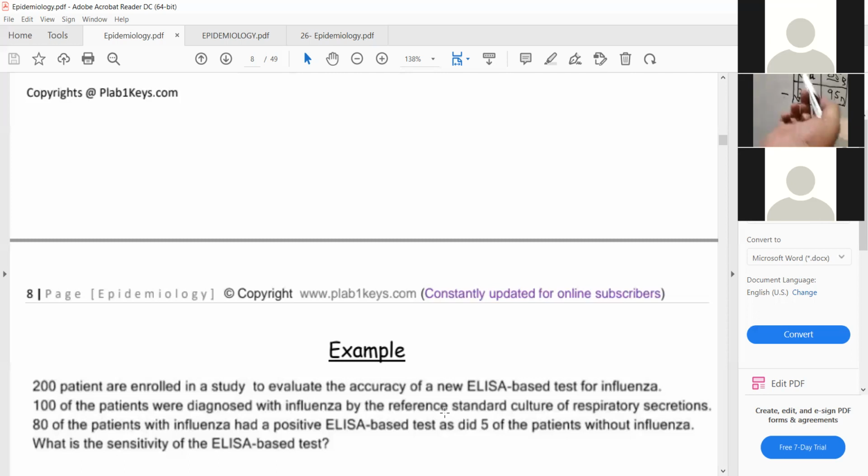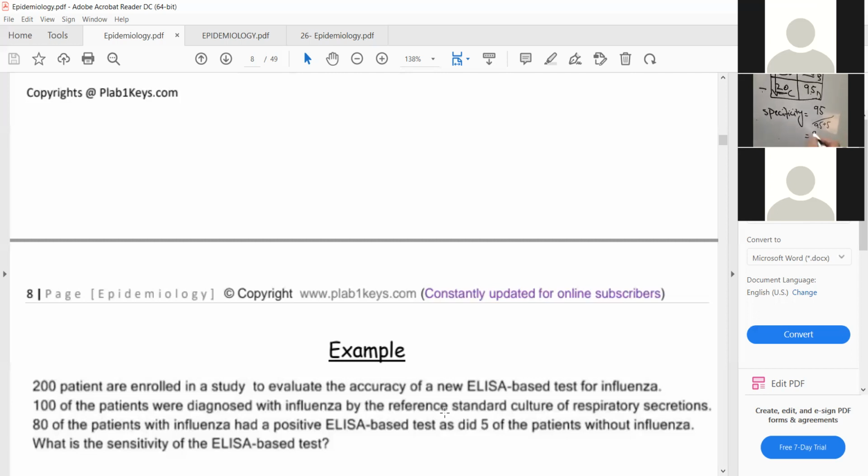Like we did in calculating sensitivity, for specificity the rule will be the same. That is true negative, or D, divided by the total in the no disease column. That is 95 plus 5, or 100.